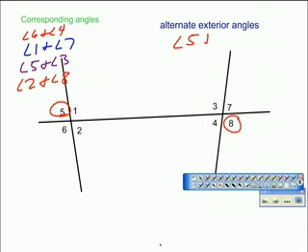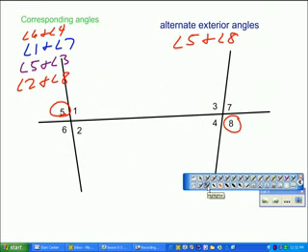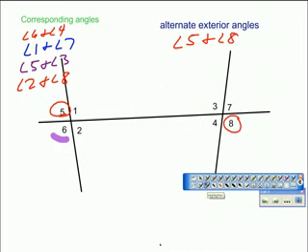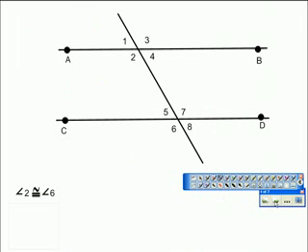So angle 5 and angle 8 are alternate exterior angles. All right, and the last one, 6 alternates with which one? 7. Angle 6 and angle 7. Alternate exterior angles.